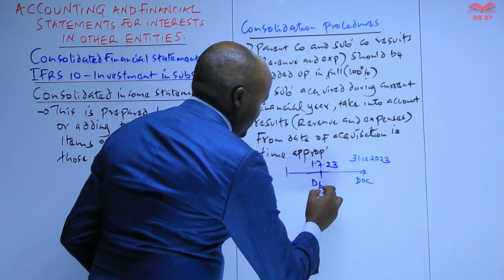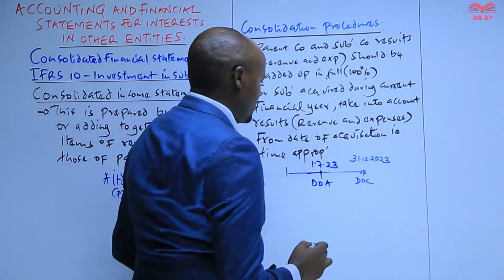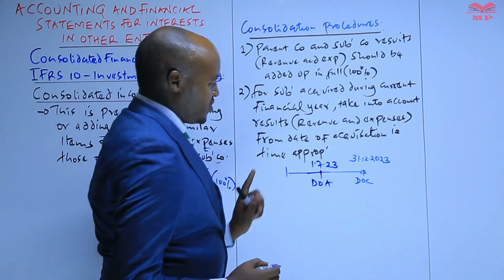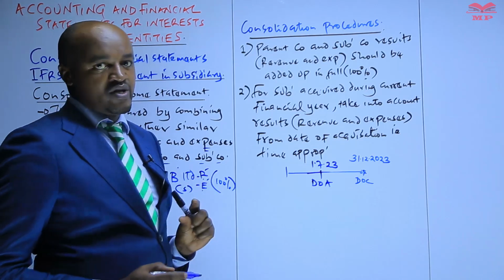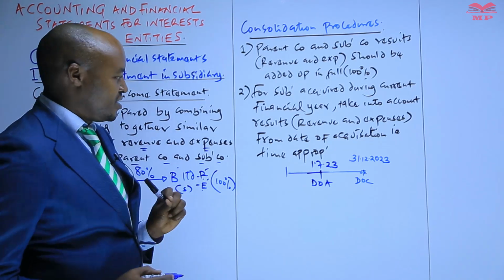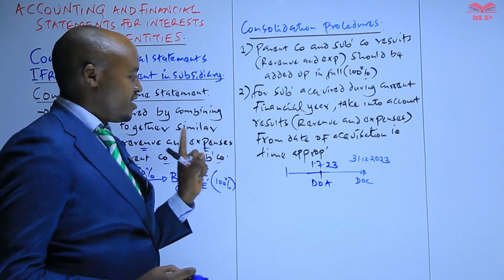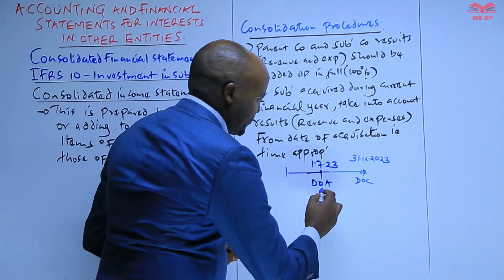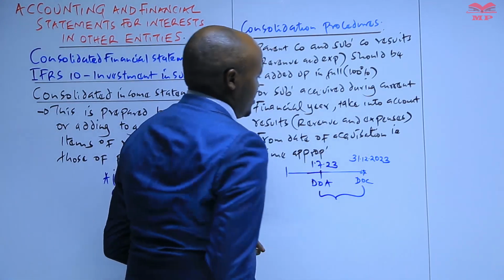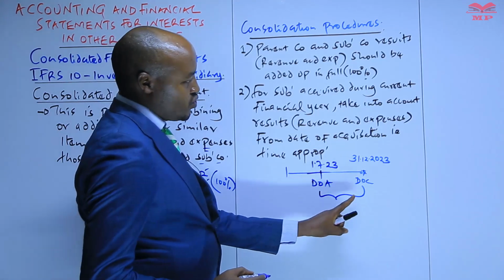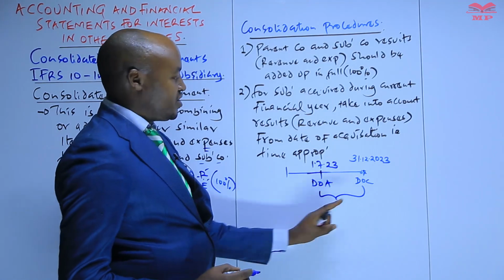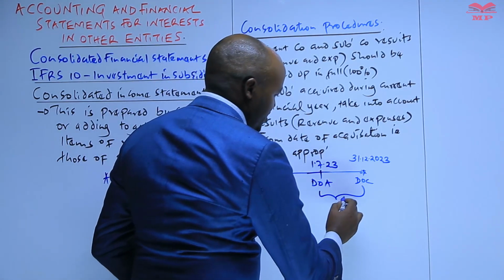This one we refer to as the date of acquisition, abbreviated as DOA. So when preparing the consolidated income statement, we take into account the revenue and expenses of this particular subsidiary from 1st of July 2023 to 31st of December 2023. And in this case, we have 6 months.